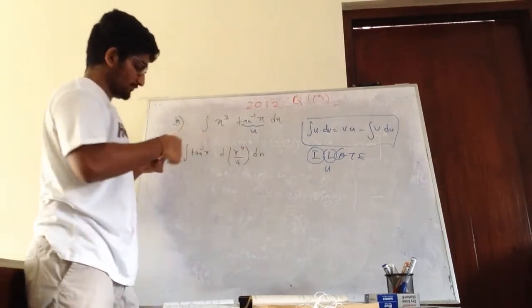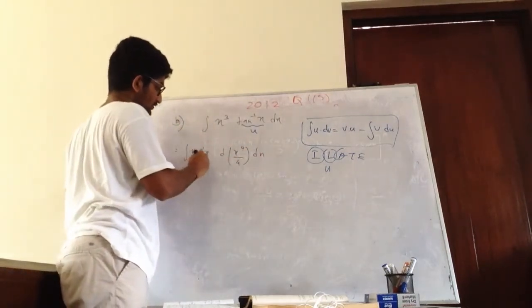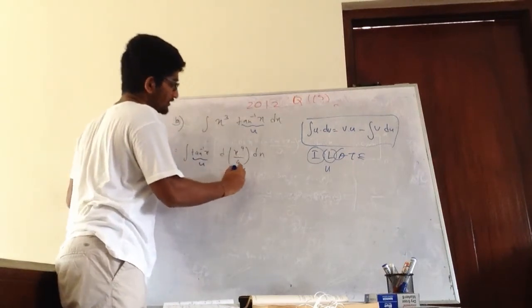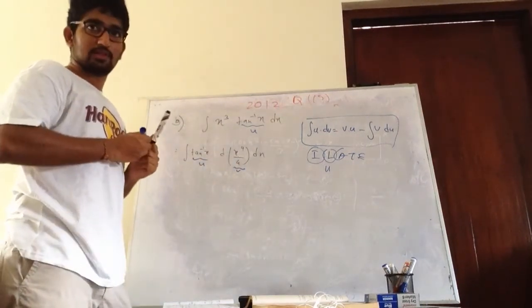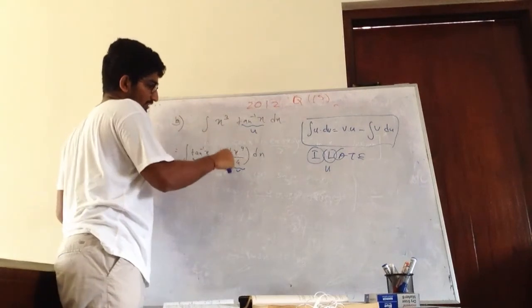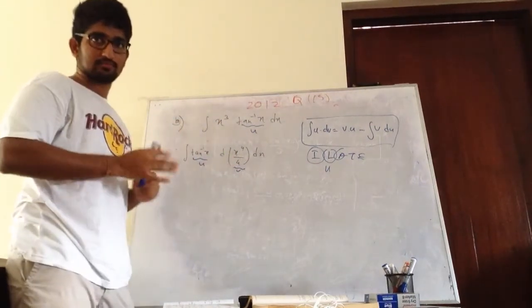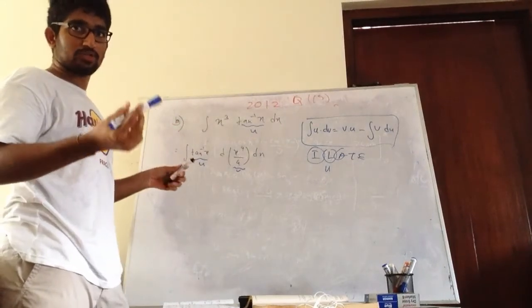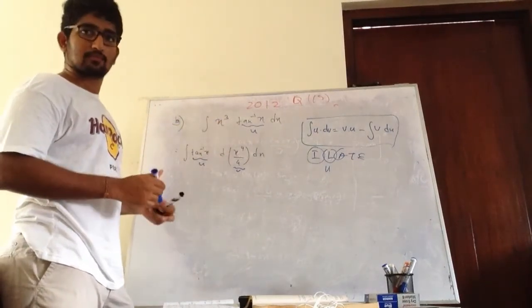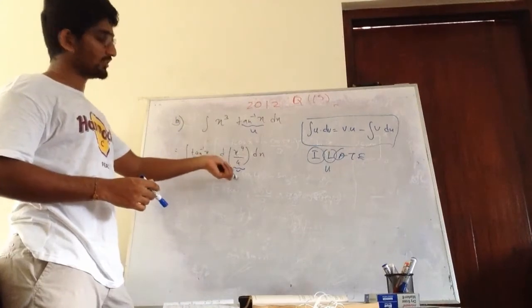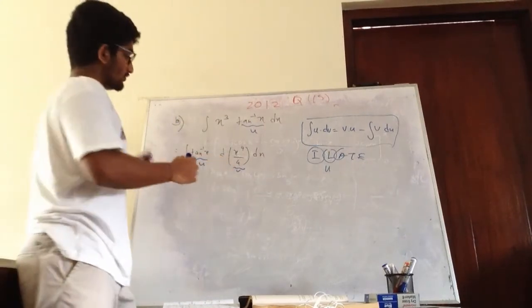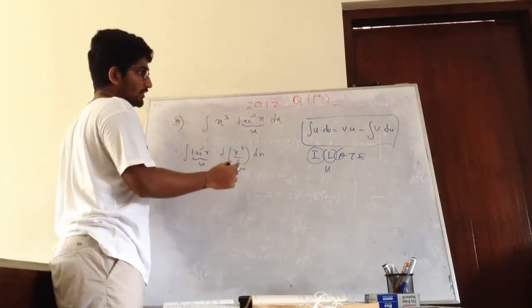Now this is u, and this part is v. If you differentiate this, you will get this one, so the equation hasn't changed. So how to do that is that you need to integrate, and to get this v.